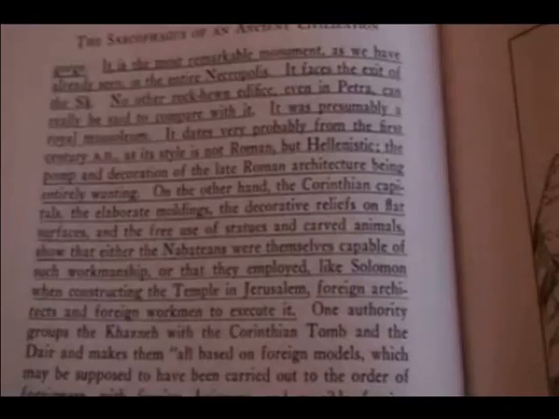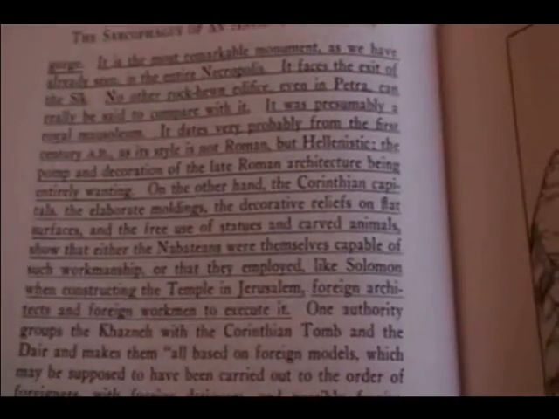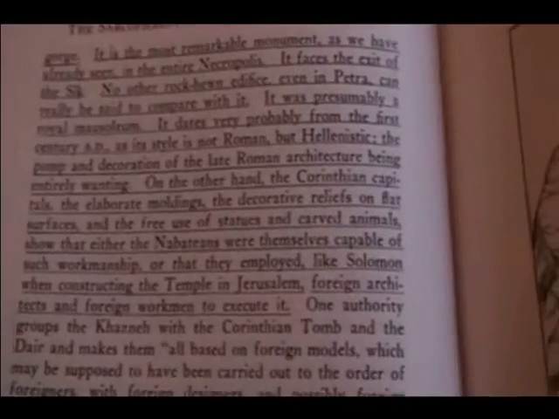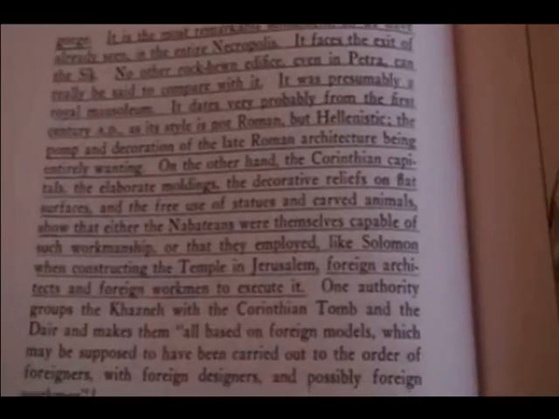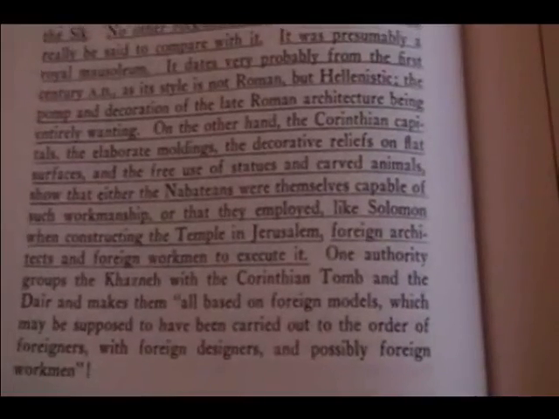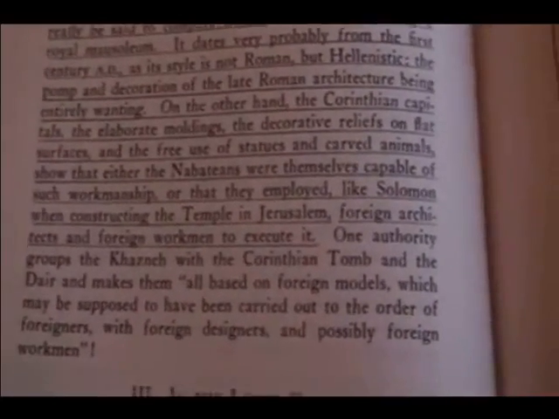So I'll pick up where it says the elaborate moldings, the decorative reliefs on flat surfaces, and the free use of statues and carved animals show that either the Nabateans were themselves capable of such workmanship, or that they employed, like Solomon, when constructing the temple in Jerusalem, foreign architects and foreign workmen to execute it.